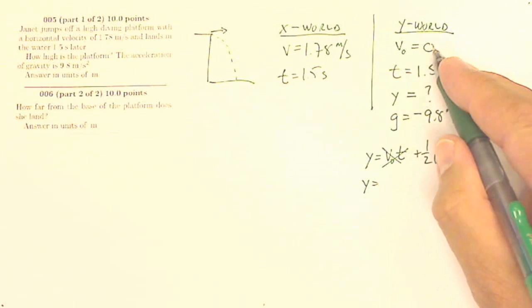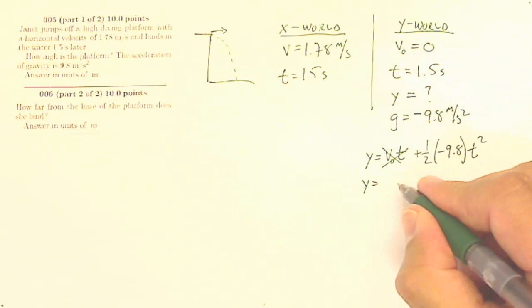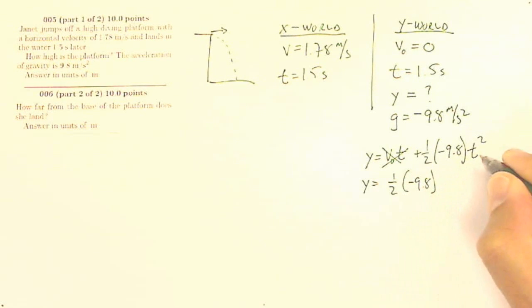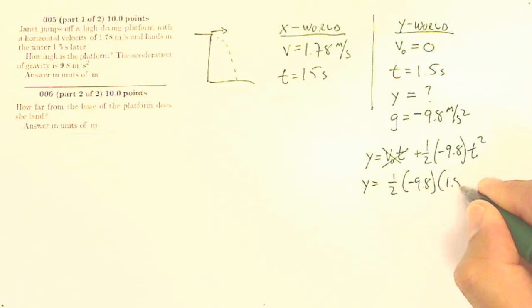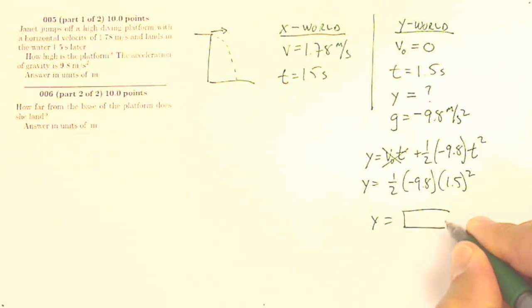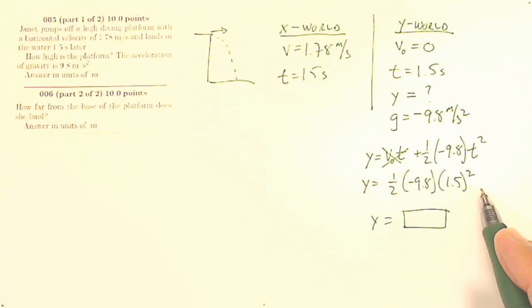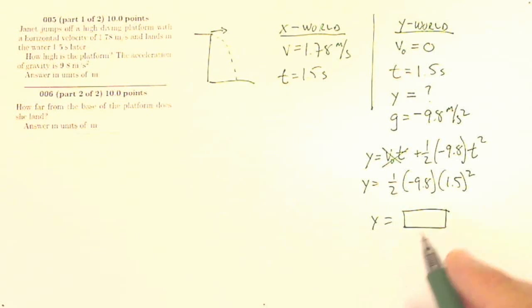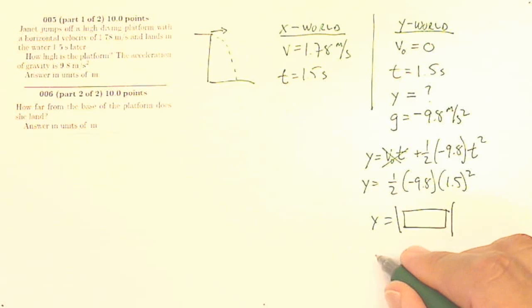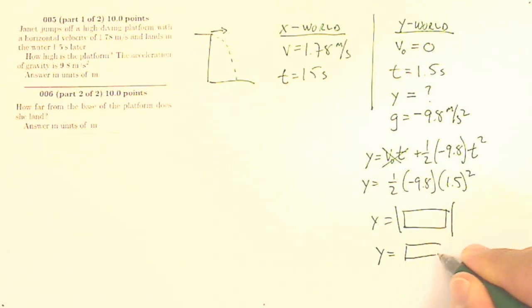Well, that term goes away because my initial velocity is 0. So I've got 1/2 of negative 9.8 times my time squared, so that's 1.5 squared. And that will give me the height of my platform. Now, you're going to get a negative number here, but it says how high, so you're going to want the absolute value of whatever answer you get, and that'll give you a value for how high is the platform.